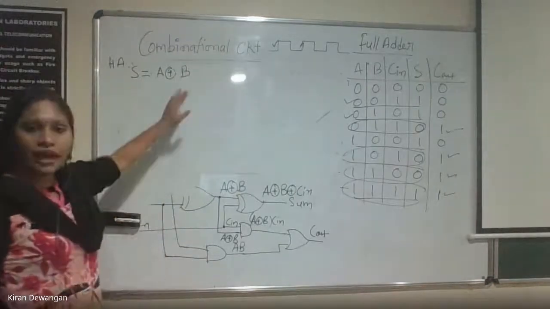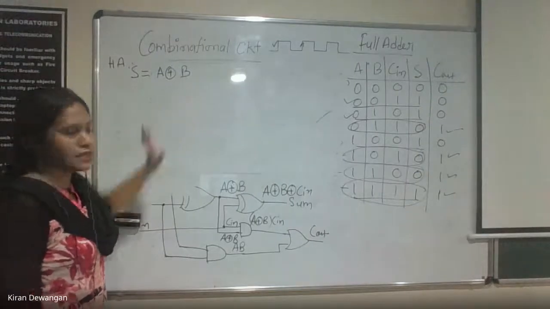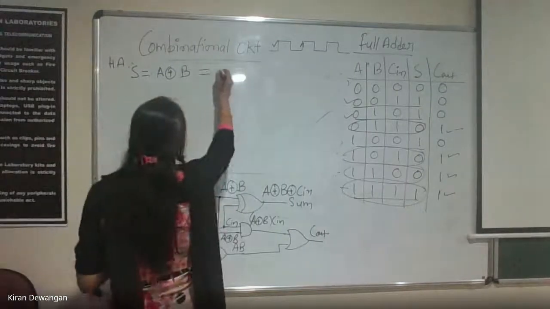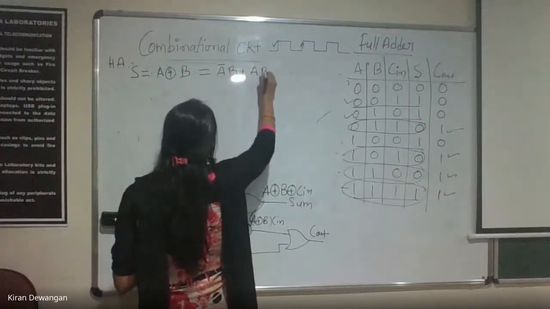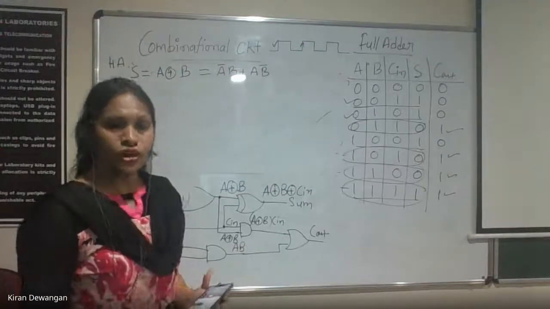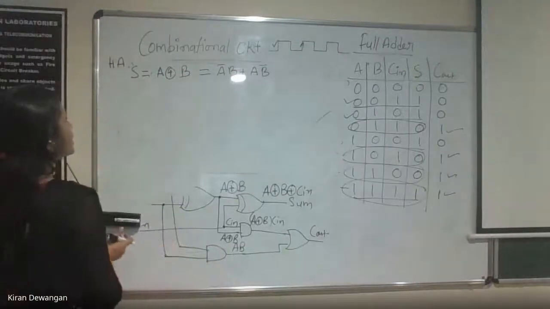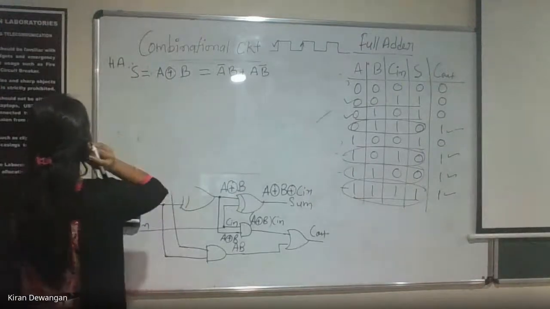In a half adder we have just two inputs. It's A XOR B. That's it. And how can we write it? It is A bar B plus AB bar. This is how we write the XOR output. So this is A bar B and AB bar. This is our sum.